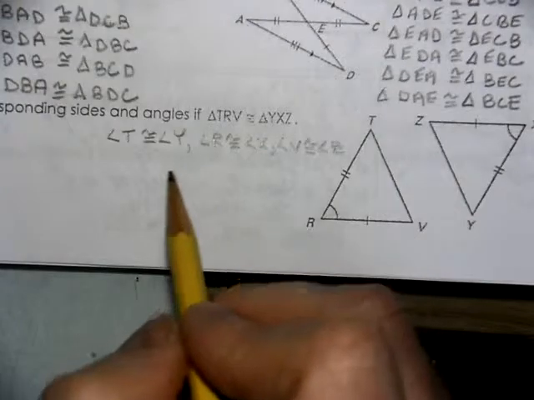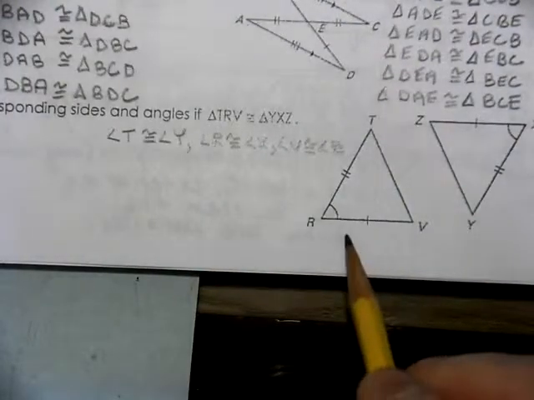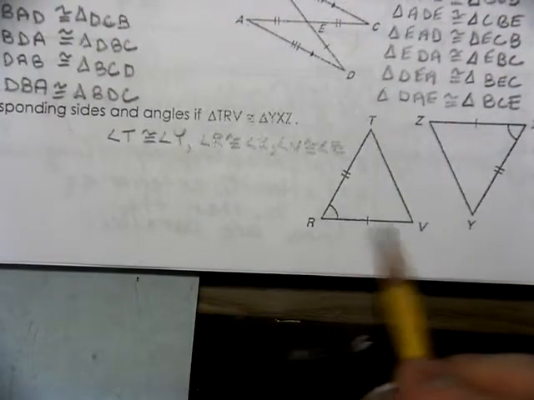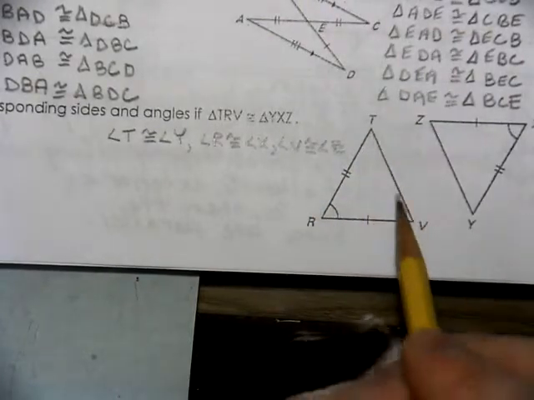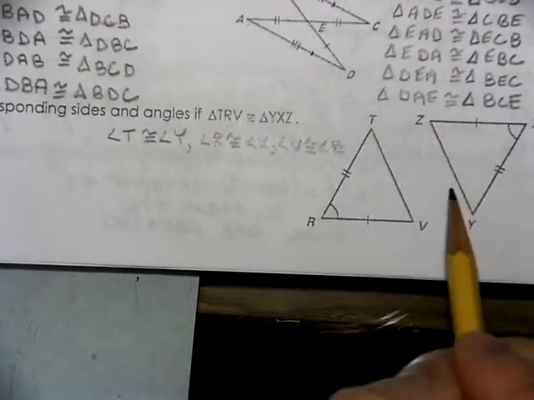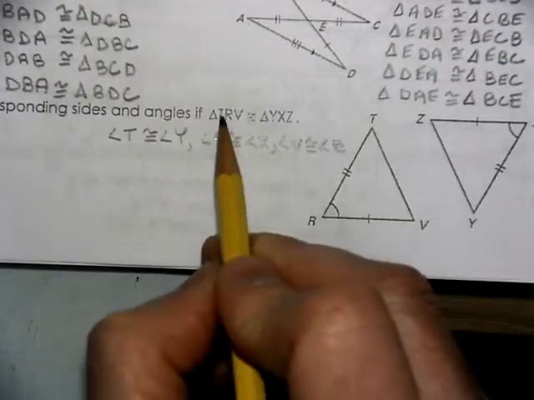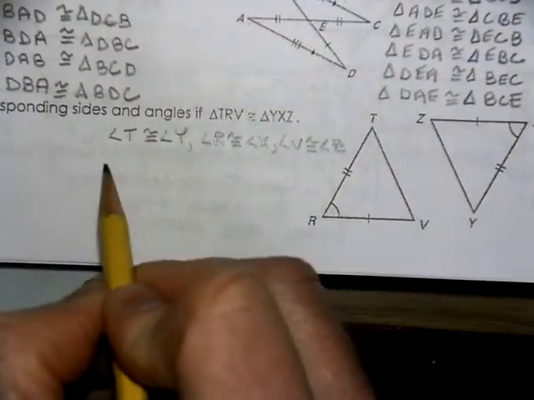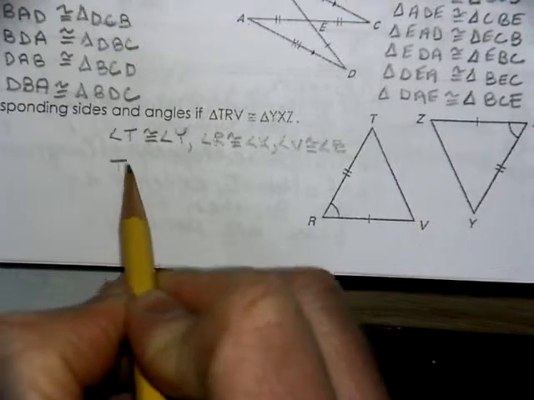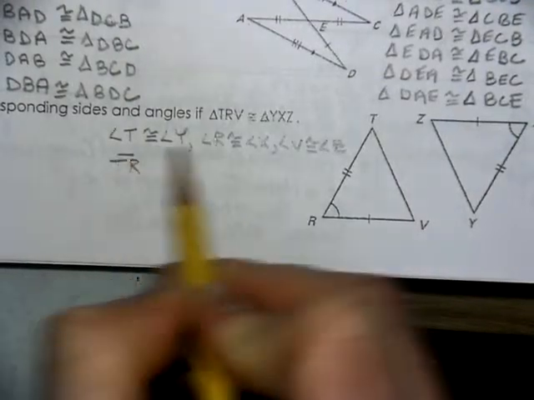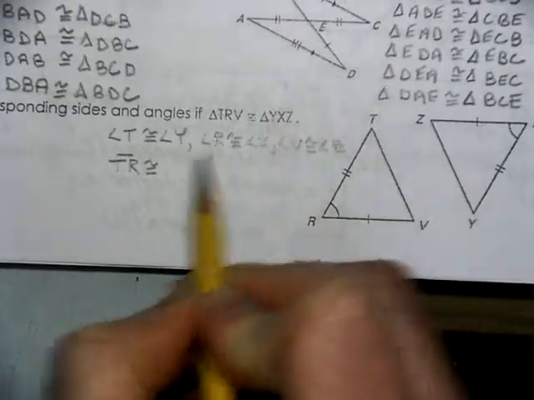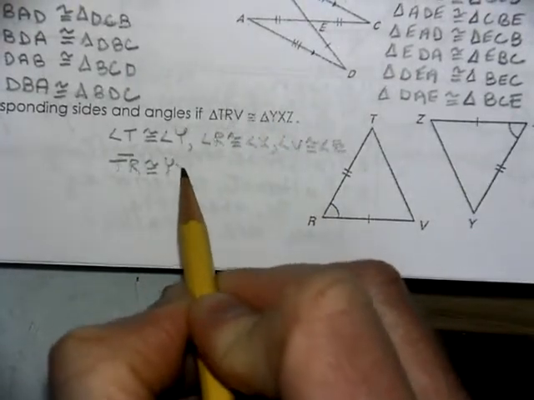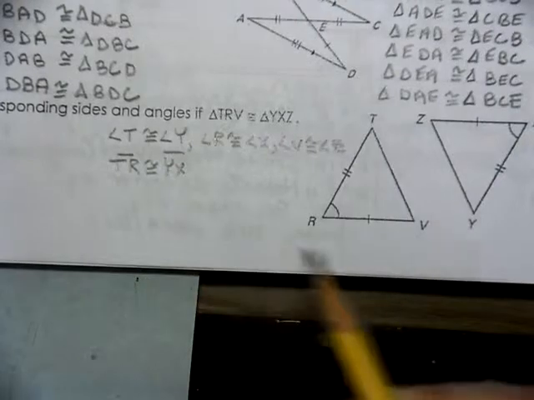So now the side lengths, we can look here and look at where the 2-tick side is, which happens to be this one, and the 1-tick side and the no-tick side. Those are going to line up correspondingly. But an easy way to do it also is that the first two letters, T and R, must be congruent to the first two letters, YX.